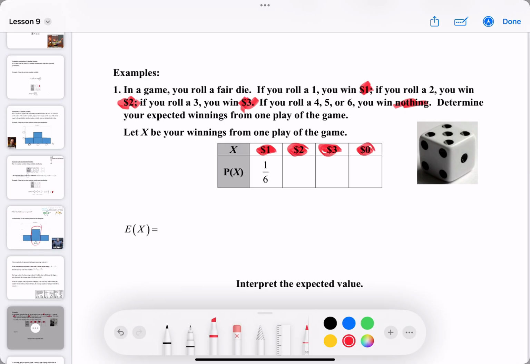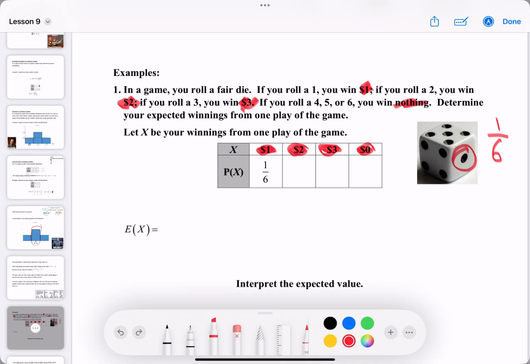And for winning $1, what is the probability? We have only one outcome out of 6 numbers in the sample space. The sample space has 1, 2, 3, 4, 5, 6. So it is 1 out of 6. For the second one, if you roll a 2, then you win $2.